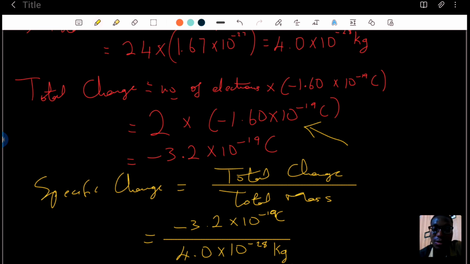But if the question says the atom loses electrons, that will be positive. So if it loses electrons, the charge you're working with will be 1.6 times 10 raised to the power of minus 19 coulombs. But if it gains, like in this question, it is minus 1.60 times 10 raised to the power of minus 19 coulombs.